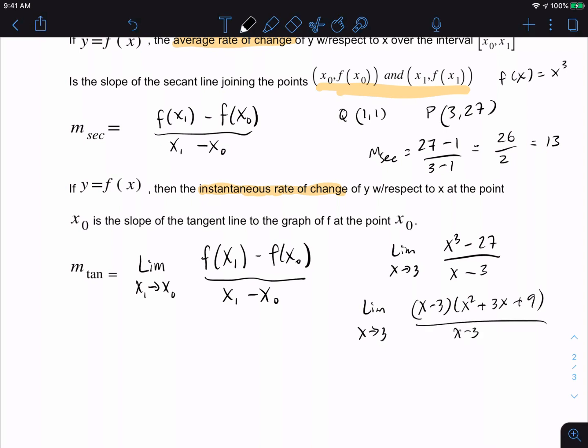The x minus 3 cancels, and so the limit as x approaches 3 of x squared plus 3x plus 9 is 27. So the instantaneous rate of change at 3 for a cubic function is 27. Does that help to make the distinction between a secant and a tangent?